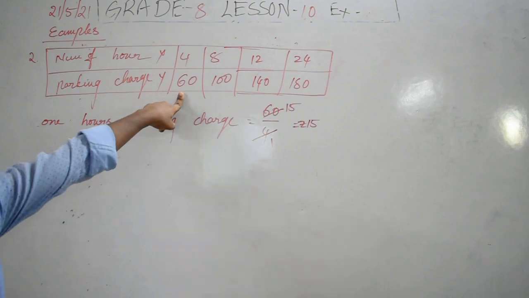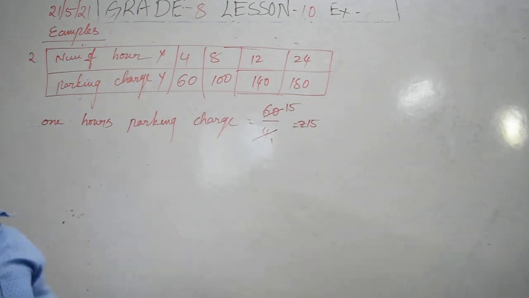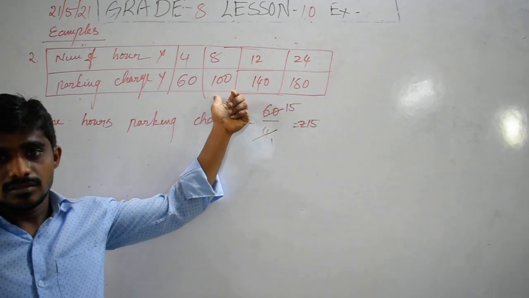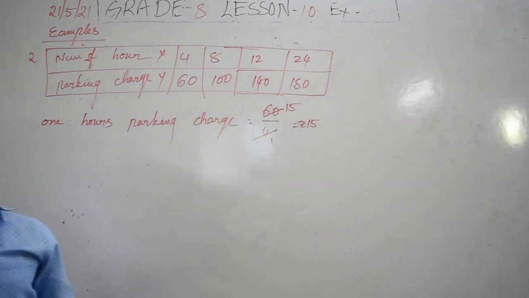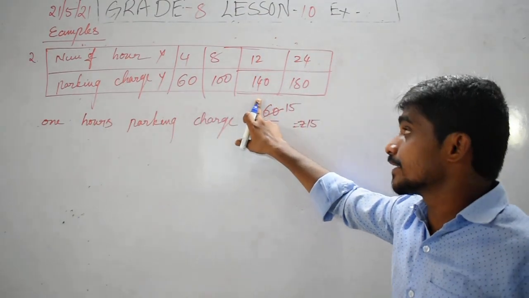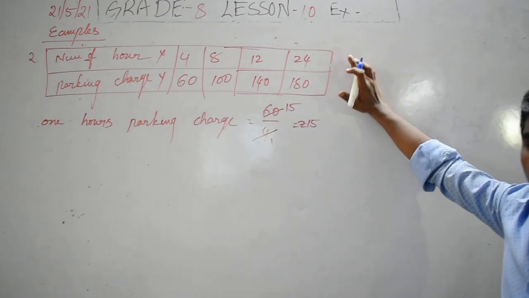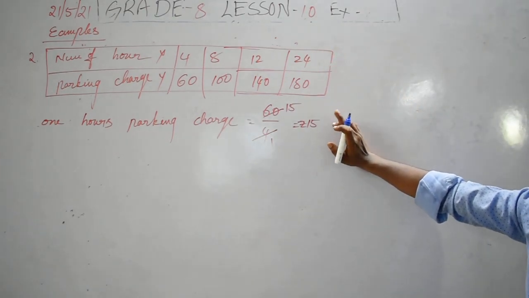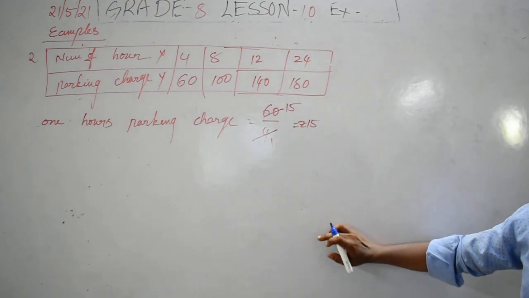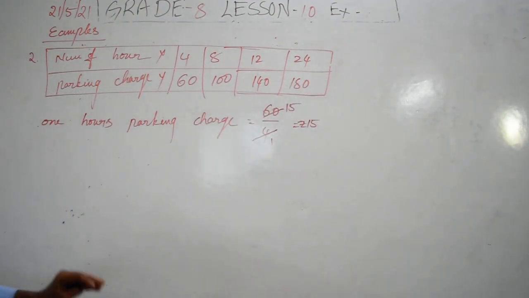So 4 hours is 60. Now 8 hours, actual charge how much? 120, but here it is taking 100. 12 hours actual charge how much? 180, here taking 140. 24 hours actual charge how much? 360, but here taking 180. So are these quantities equal or different?